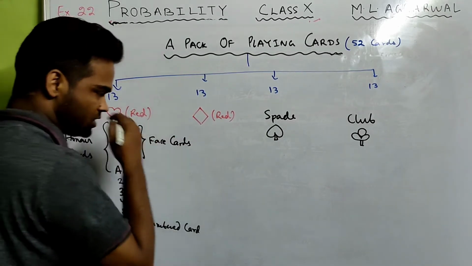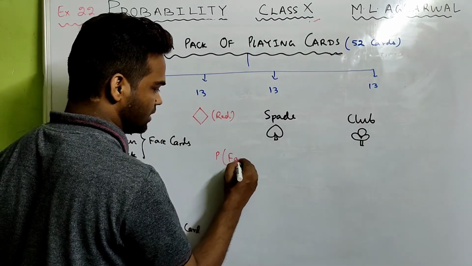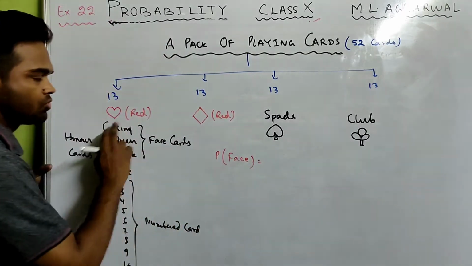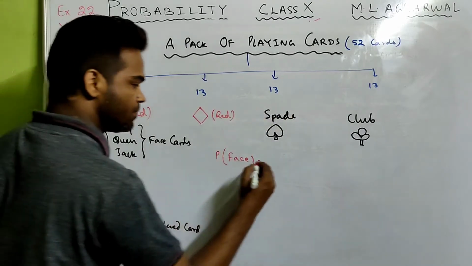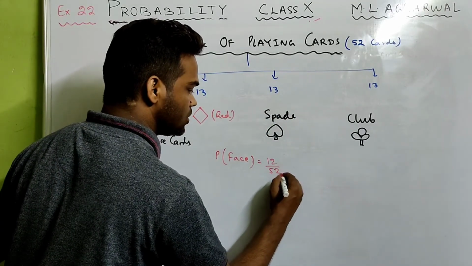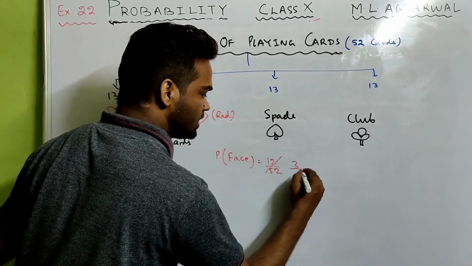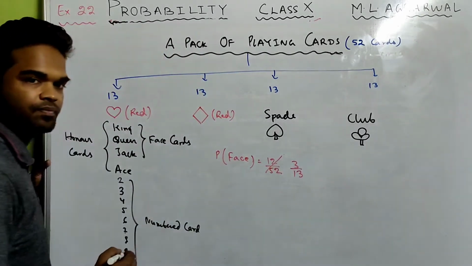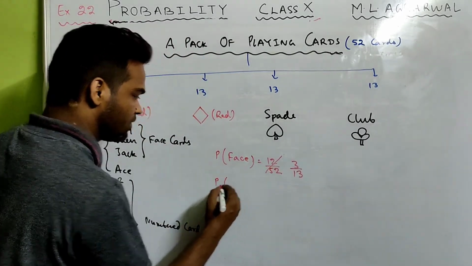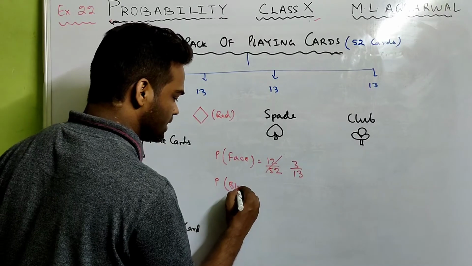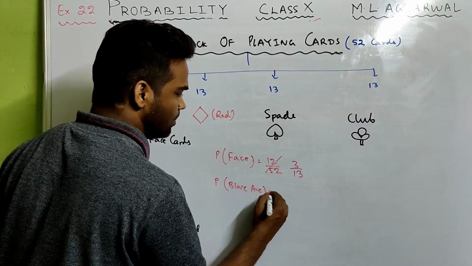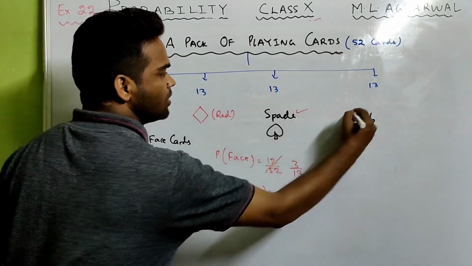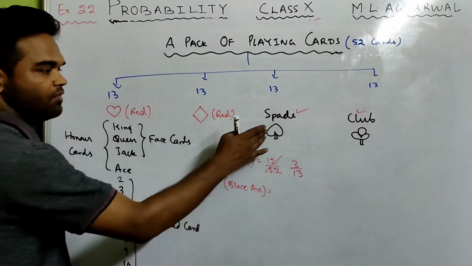So if I ask what is the probability of getting a face card, it is 12 out of 52, that's 3 by 13. If I ask what is the probability of getting a black ace, we're talking about club and spade, one from here, one from here.